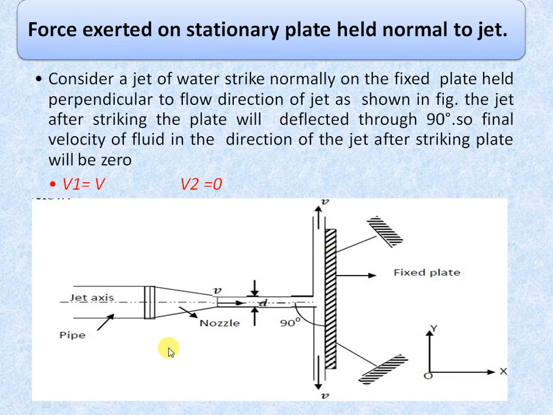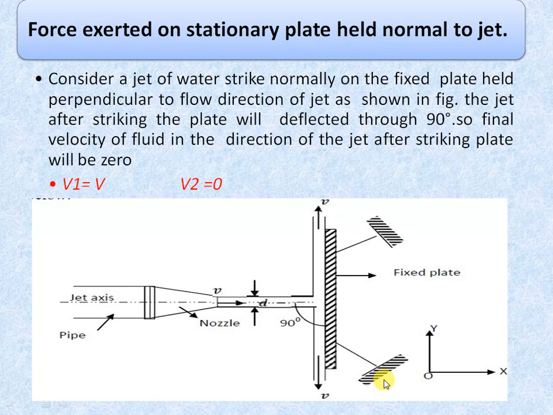Consider a jet of water coming out from the nozzle striking a flat vertical plate. You can see here, V is the velocity of the jet, and small d is the diameter of the nozzle end. When water strikes a fixed plate, the plate is vertical and fixed.